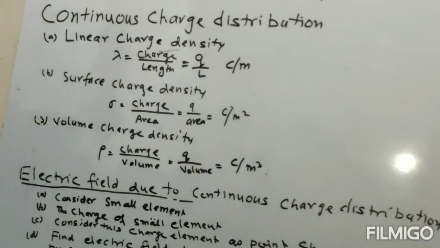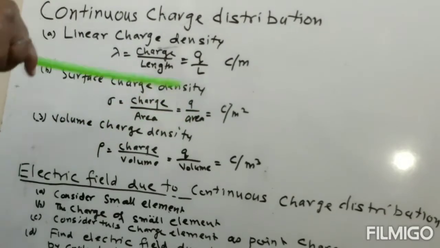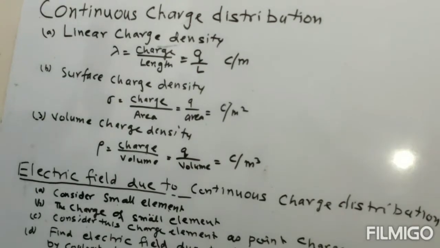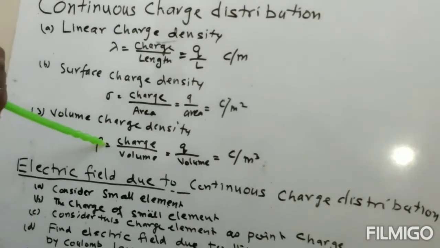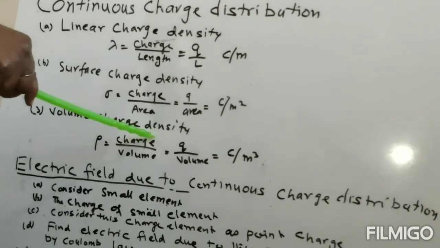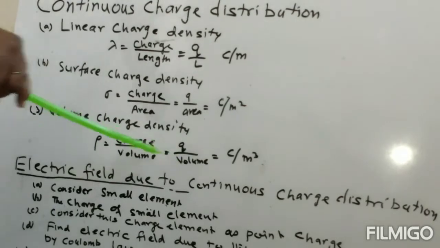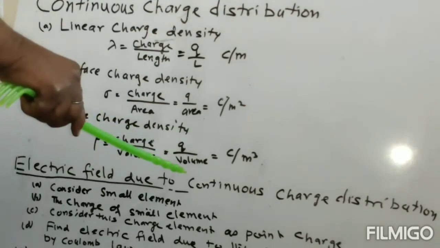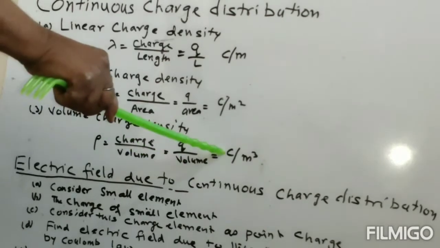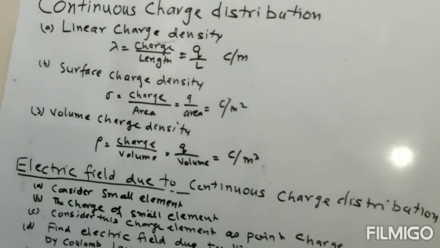Now the third type of charge, which is continuous and distributed on the volume, then the volume charge density will be rho, which is equal to the charge on the entire volume divided by the volume. So it will be Q by volume, and its unit is coulomb per meter cube.